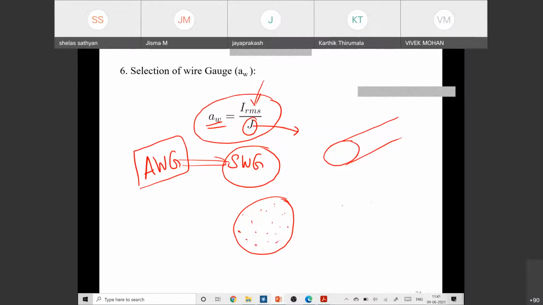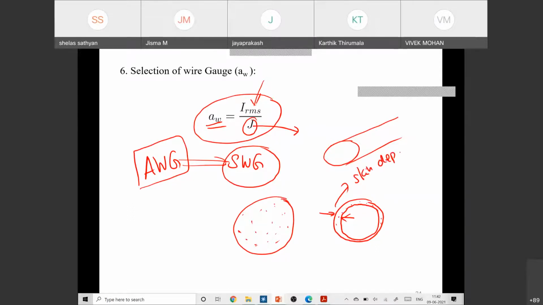We will have a phenomenon called skin effect. The current starts to flow only on the surface of the conductor. So only through this small area will the current be flowing. So the resistance offered by the conductor will be very high. The thickness or this distance is known as the skin depth.